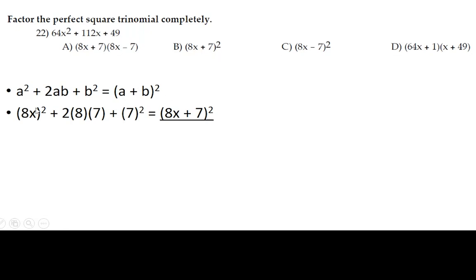A is what we're squaring to get 64x squared. That would be 8x. B is what we're squaring to get 49. That would be 7. So we have 8x plus 7 squared. Not minus. It would have to have been minus 112x for it to be the one with minus in it.